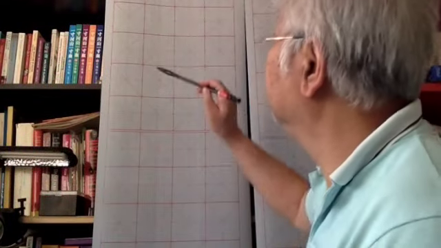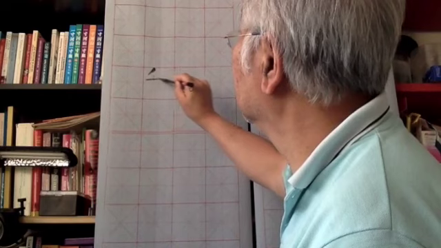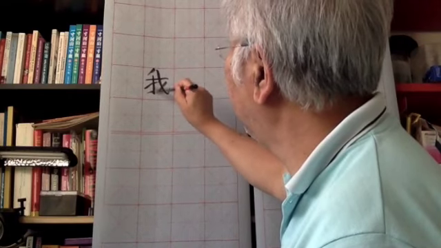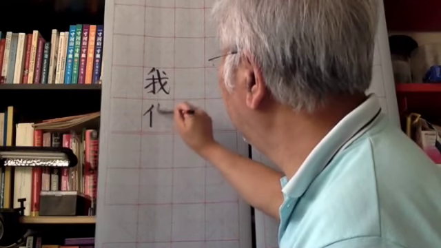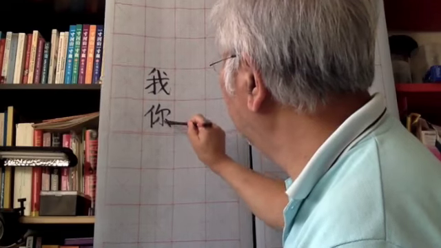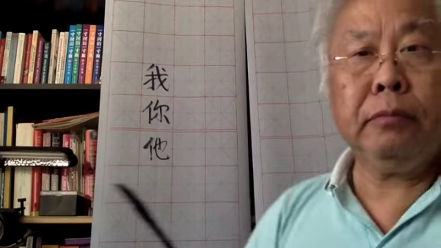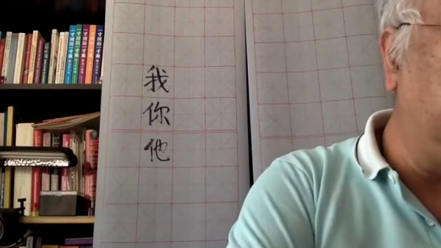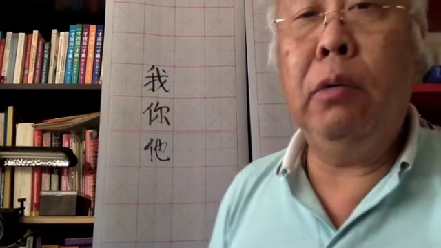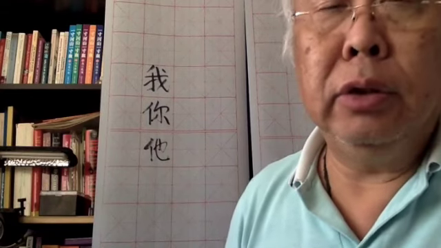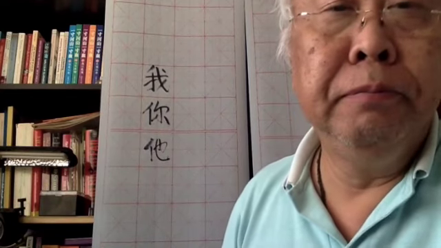So let's get started. The three pronouns are written like this. The first one represents the first person pronoun, the second one the second person pronoun, and the third the third person pronoun.